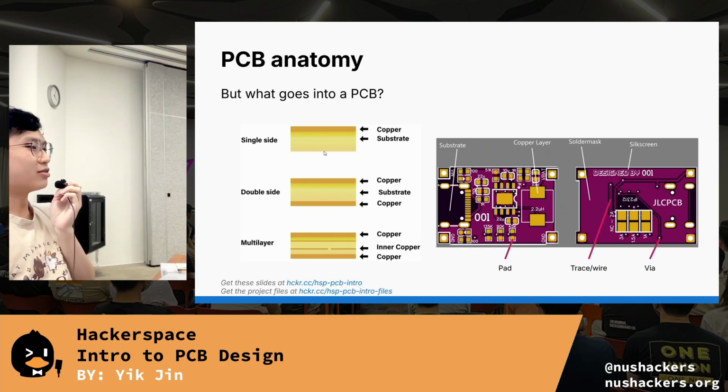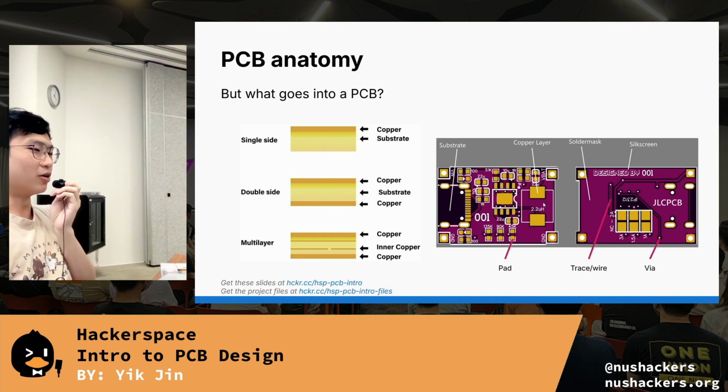Right now we will be focusing on double-sided PCBs. So basically, a copper layer on top, a copper layer on bottom, and substrate in the middle. Think of the substrate as a non-conducting material that separates the two copper layers.